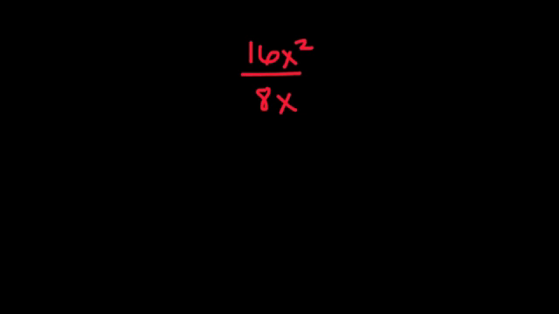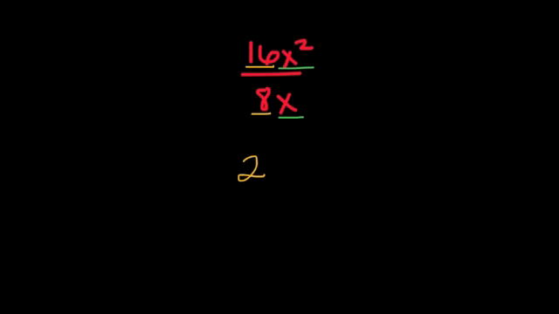All right, we're going to do the same thing when we have numbers, except we're actually dividing them. Just as in a product of powers where we multiply, in quotient of powers, we're still dividing the numbers we can divide. So here we have 16 divided by 8, which is positive 2. And then again, we want to look at our x's here. So I have x squared divided by x.